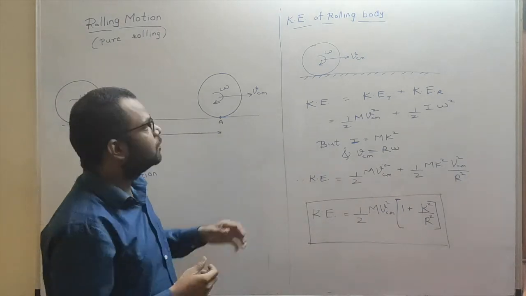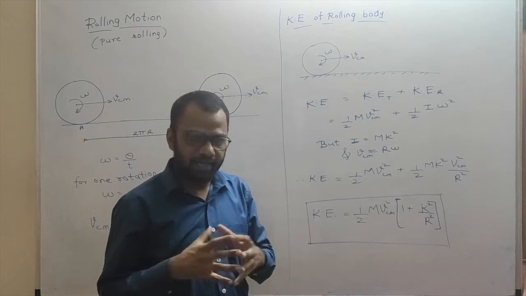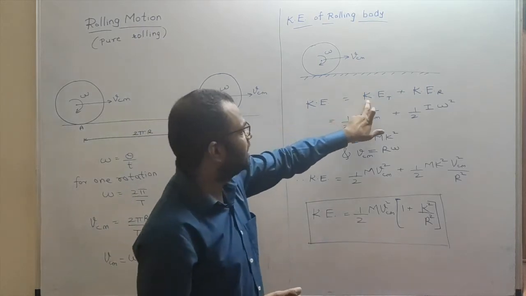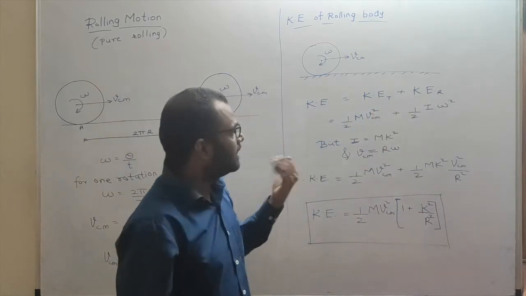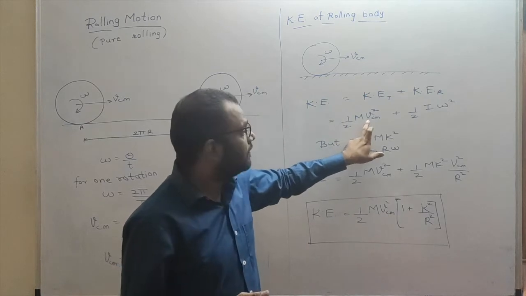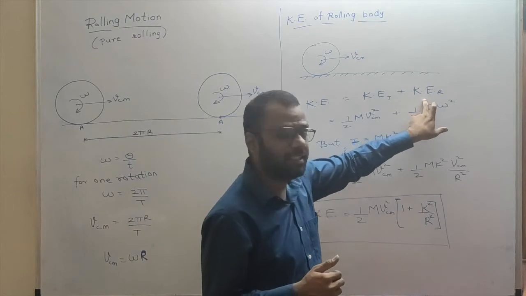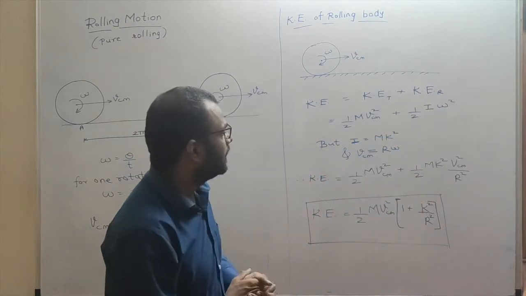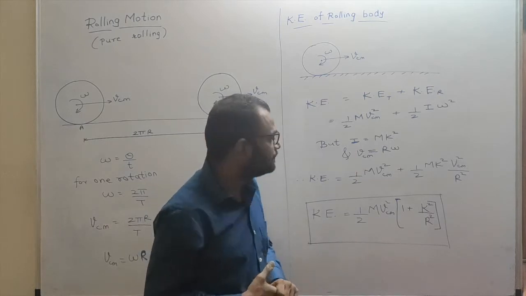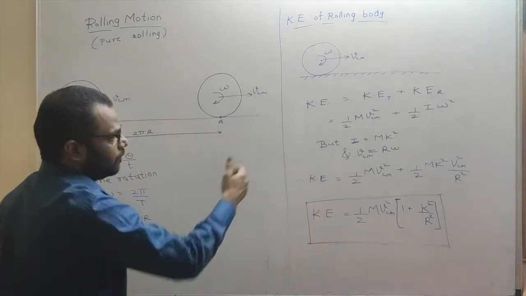Now let us come to the kinetic energy of a rolling body. It will be the addition of translation kinetic energy and rotational kinetic energy. Translation kinetic energy we know is given by half m v square, where v is the velocity of center of mass, plus rotational kinetic energy, which is half I omega square. Now we know that I can be written as m k square, where k is the radius of gyration of the body, and velocity of center of mass is r omega, as we have already seen.